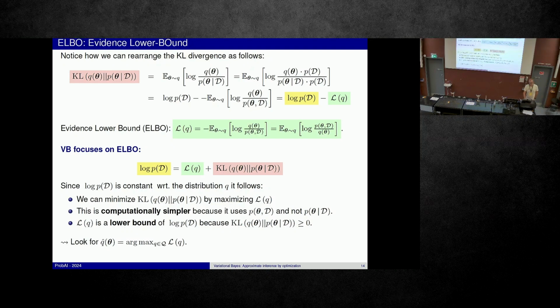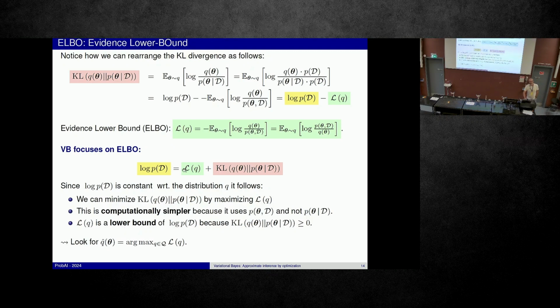So that means when I want to minimize this, I could just as well maximize that. The solution for maximizing the ELBO is the same as the solution for minimizing the Kullback-Leibler.